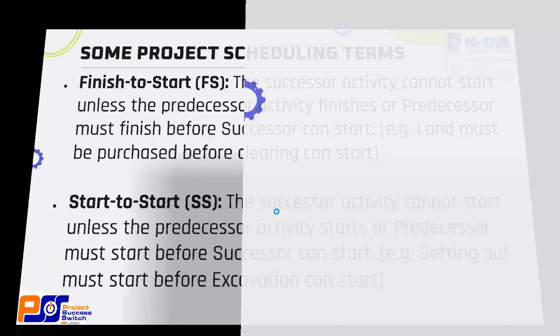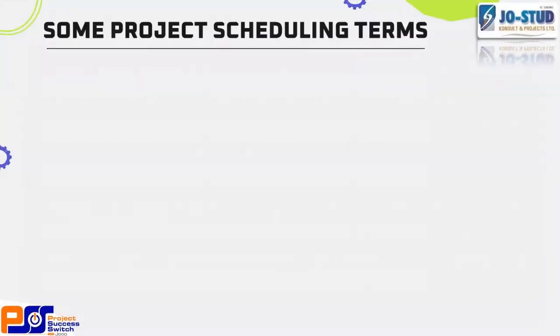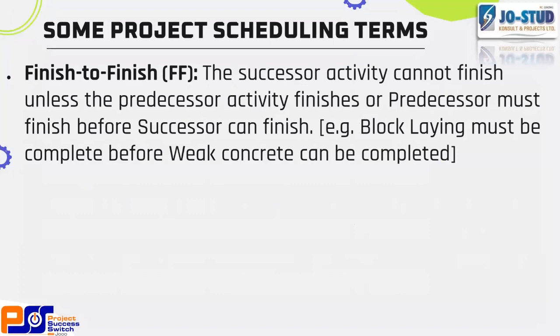Another relationship that tasks can have is finish to finish. It means the successor activity cannot finish unless the predecessor activity finishes.